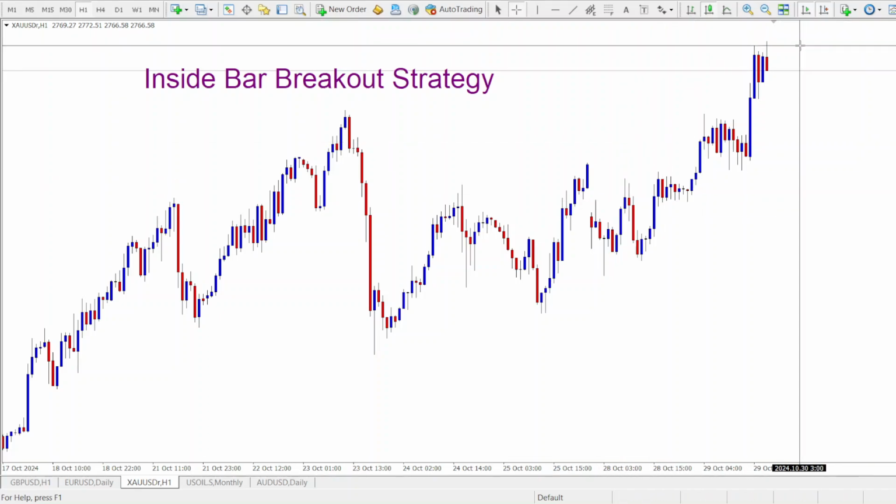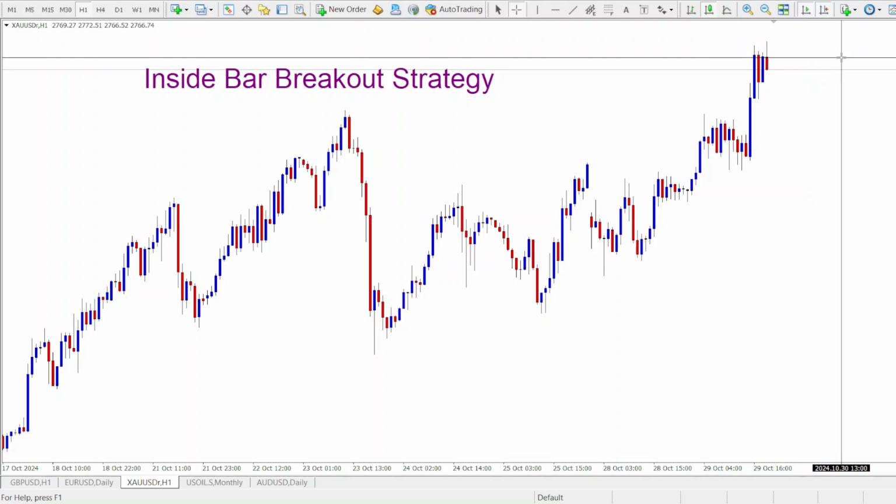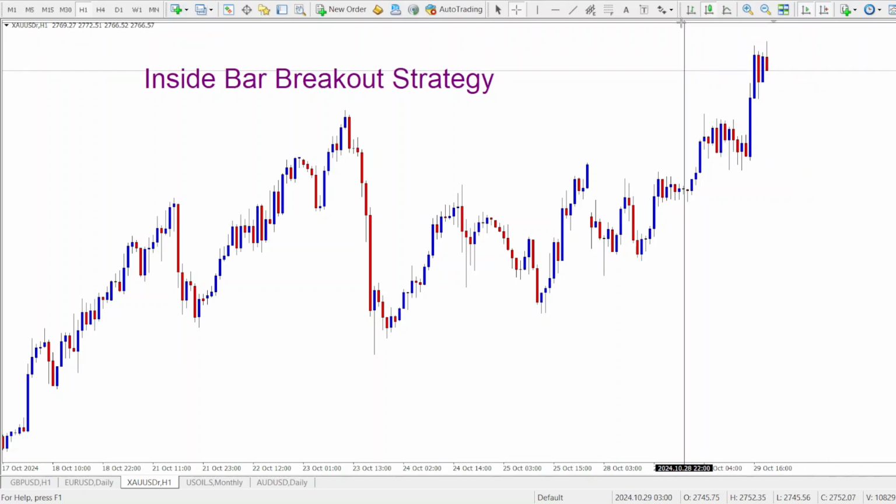Once you have spotted inside bars on your chart, especially after a strong trend, we can see that we had a strong bullish move just right before the inside bar formed. One thing to note is that inside bars usually form after a strong trend, and sometimes you can find them around support or resistance zones.